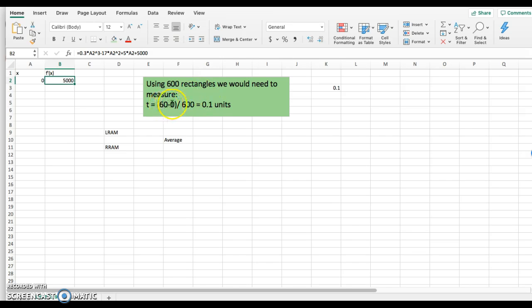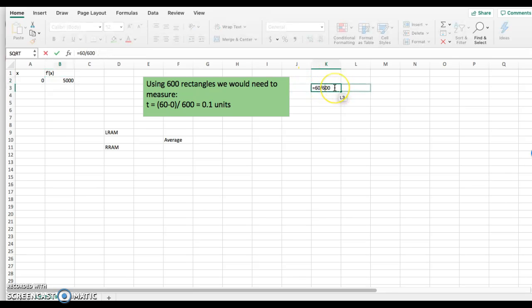So we do b minus a, which is 60 minus 0, divided by how many rectangles I want to draw, which is 600. In Excel, you can have Excel do that calculation for you. You do 60 minus 0, which is 60, divided by 600, which gives you 0.1.